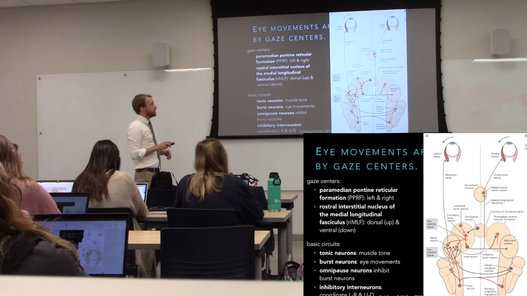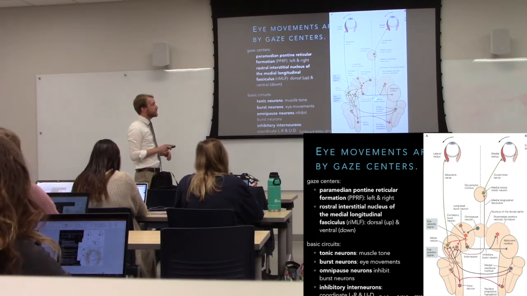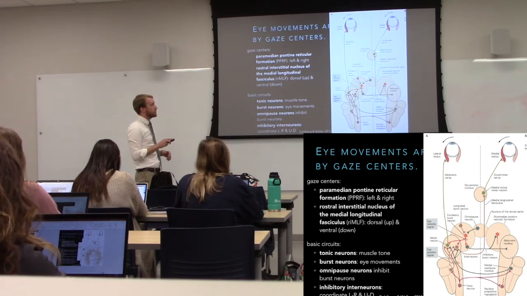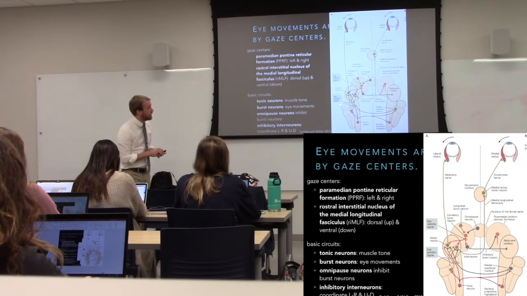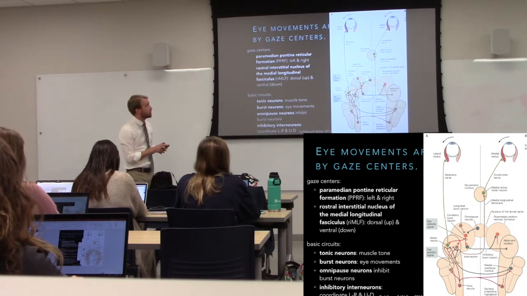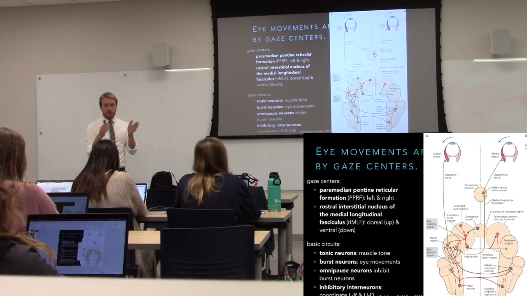This connection here is kind of nice because anytime the abducens is active, the contralateral medial oculomotor nucleus is also active. Meaning, if I look left in my left eye, I look left in my right eye. Alternatively, if I'm looking right in my right eye, I'll look right in my left eye. So they'll move together. This gives you your left-right coordination.